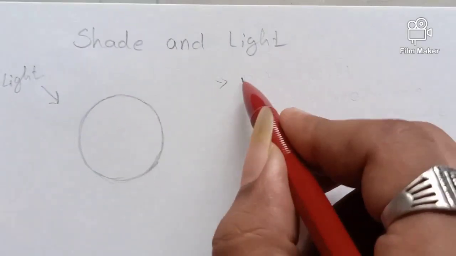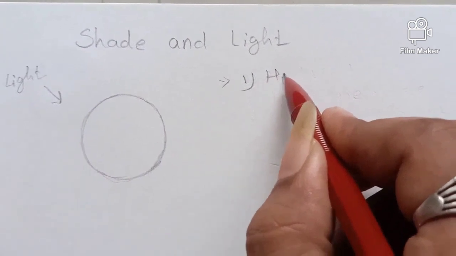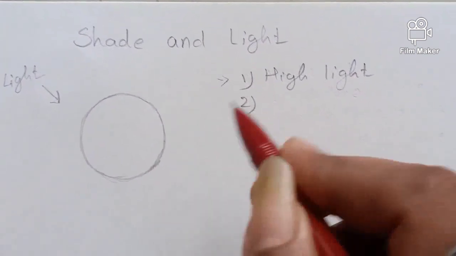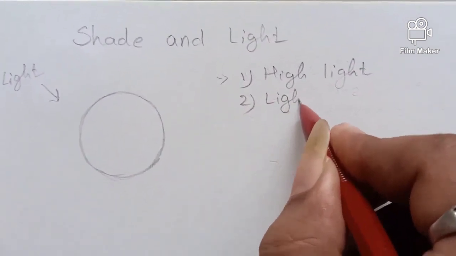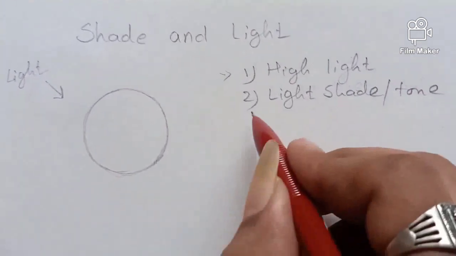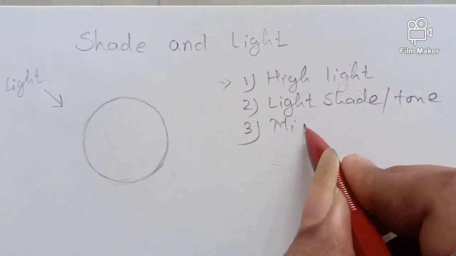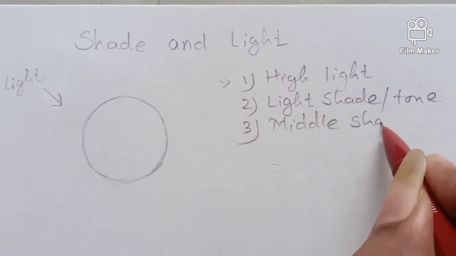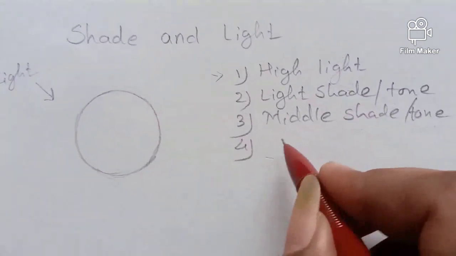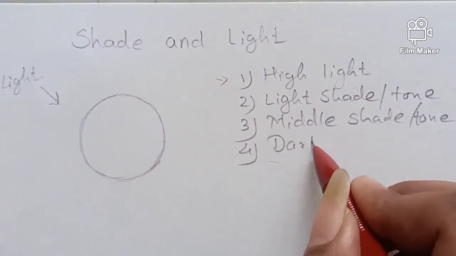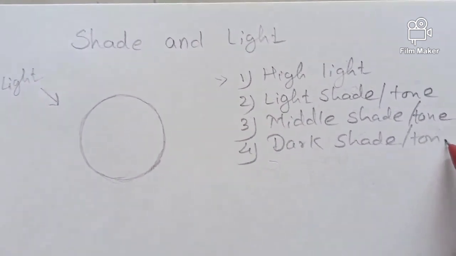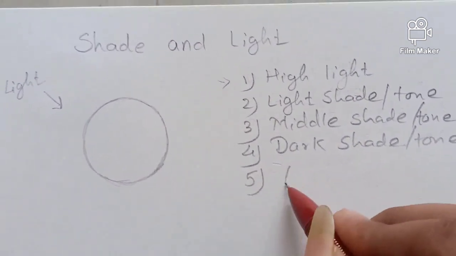First is highlight, second is light shade or a light tone, third is middle shade or a middle tone, fourth is dark shade or you can say dark tone, the fifth is reflection.